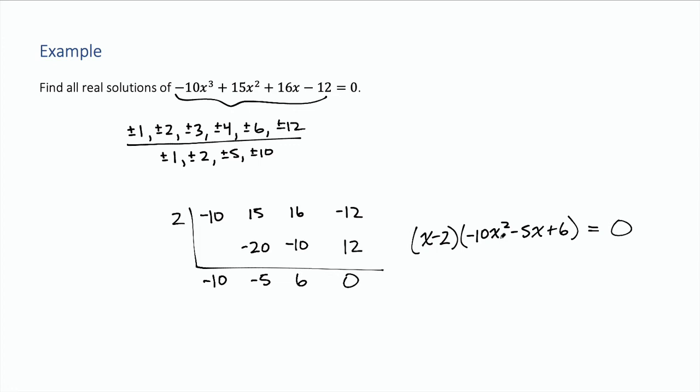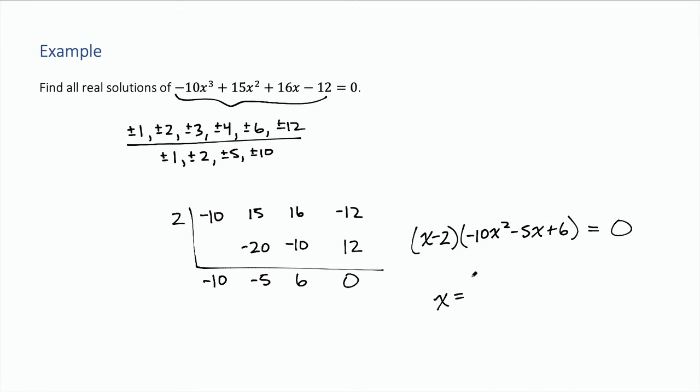Now we have a quadratic here, and we could try to factor that just by using our techniques of factoring quadratics. I'm going to gloss over that part because I think we know how to go about doing that. This quadratic doesn't really factor nicely, so we're going to use the quadratic formula.